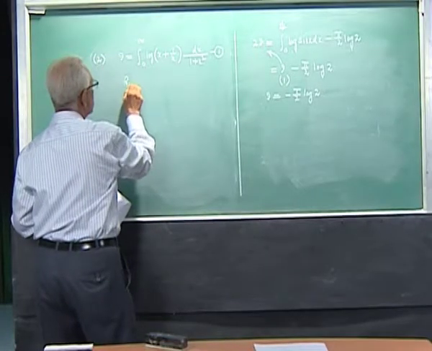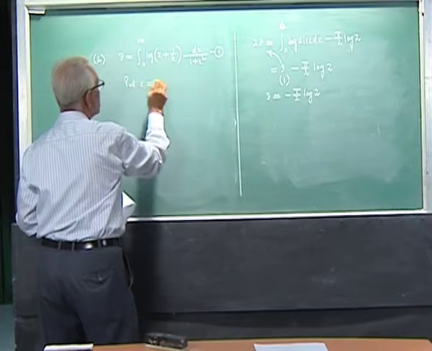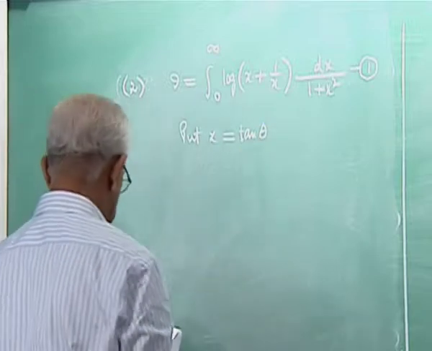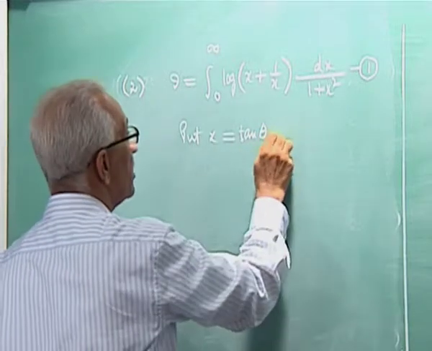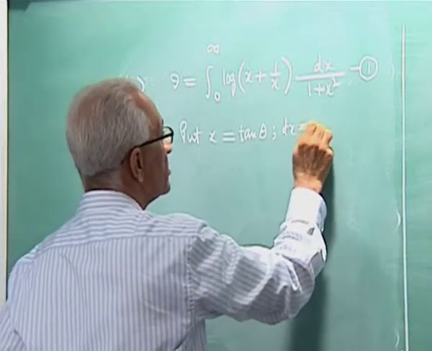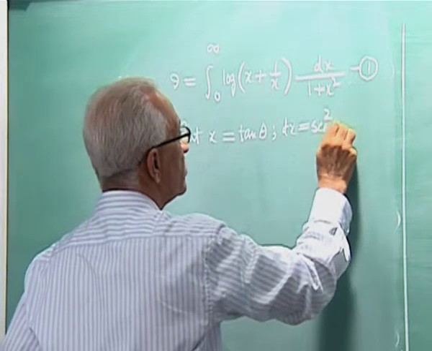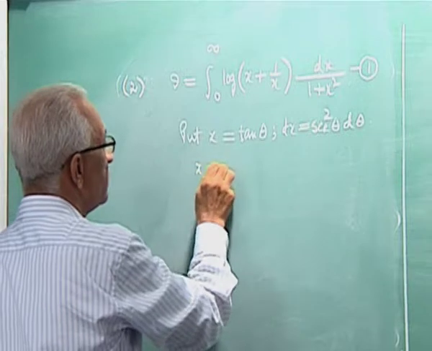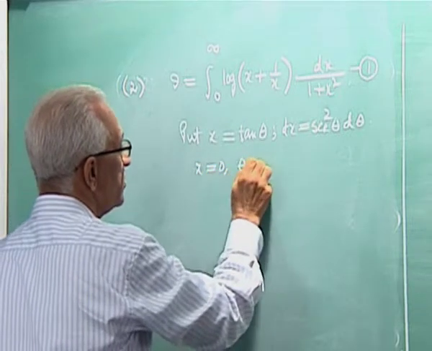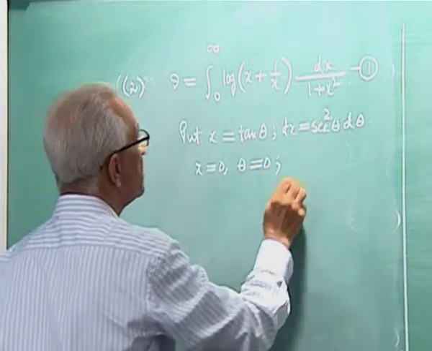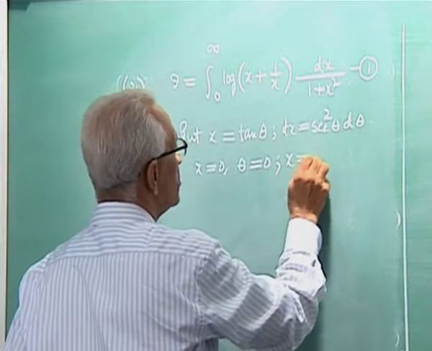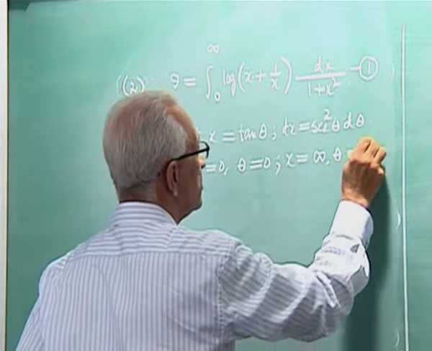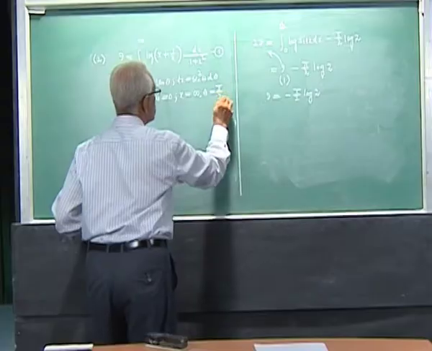I will be putting x is equal to tangent of theta, and therefore I will be having dx is equal to sec square theta d theta. Limits will be changing. If x is equal to 0, theta is equal to 0. If x is equal to infinity, theta is equal to pi by 2.